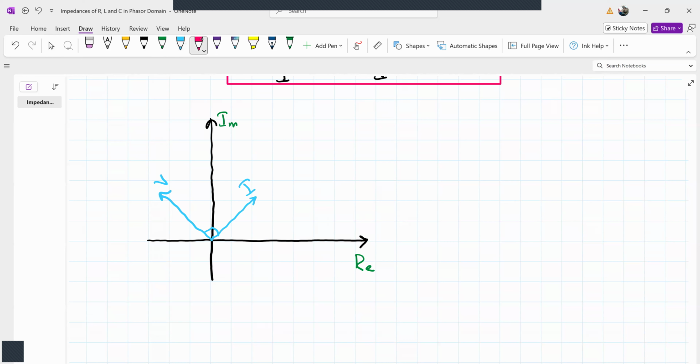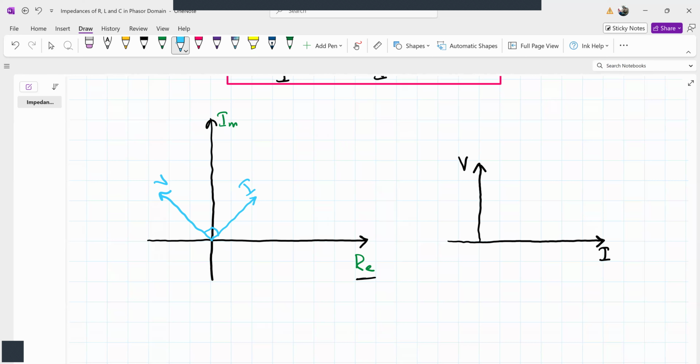Okay, now I can also draw this. We can also draw this if we assume the current is the reference, meaning I'm measuring everything with respect to current. So if this is the I phasor, where will be the V phasor? The V phasor will be in this direction. Here I am assuming I is the reference, real axis is the reference.